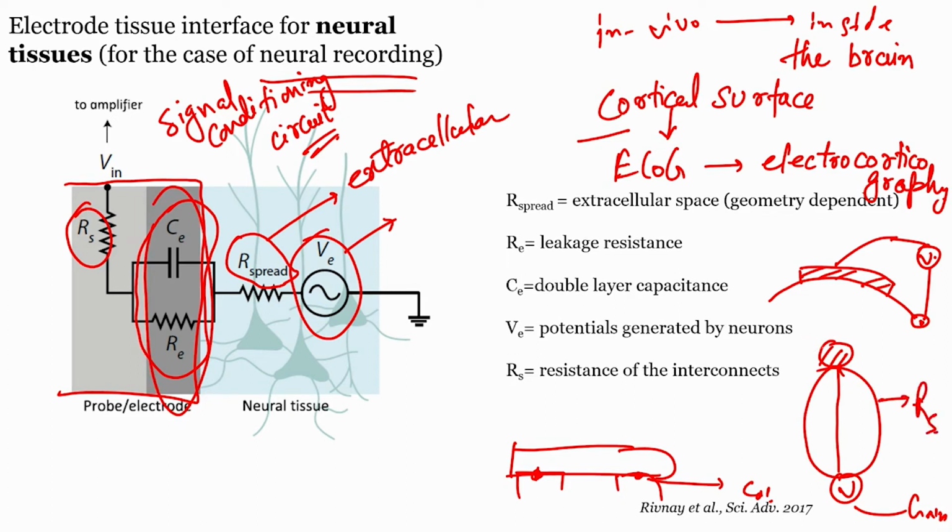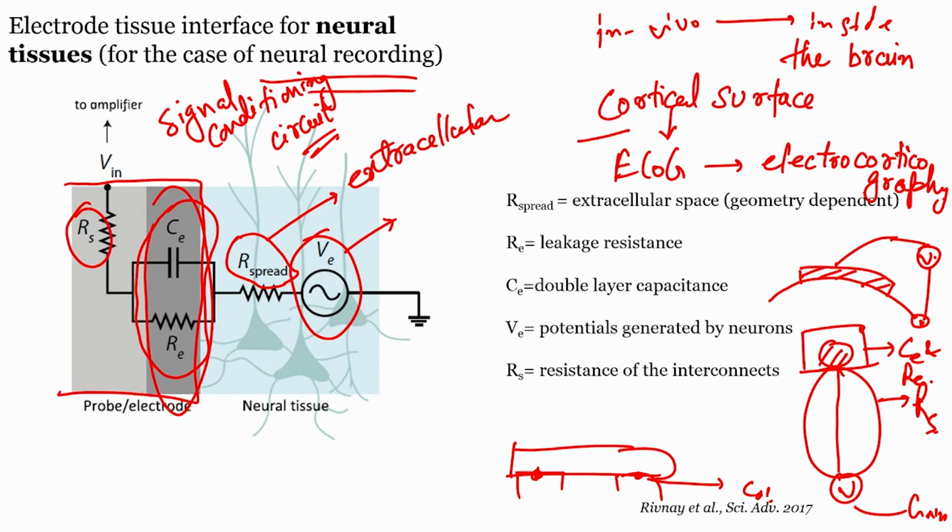So this recording electrode, when it comes in contact with the tissue, I am drawing the tissue for simplicity in the form of a square, this will form the CE and RE component, electrical equivalent CE and RE, and RS will be the interconnect of this neural recording electrode.